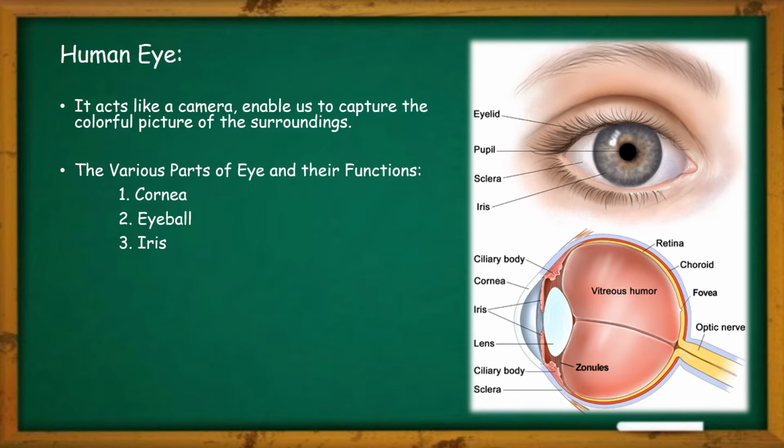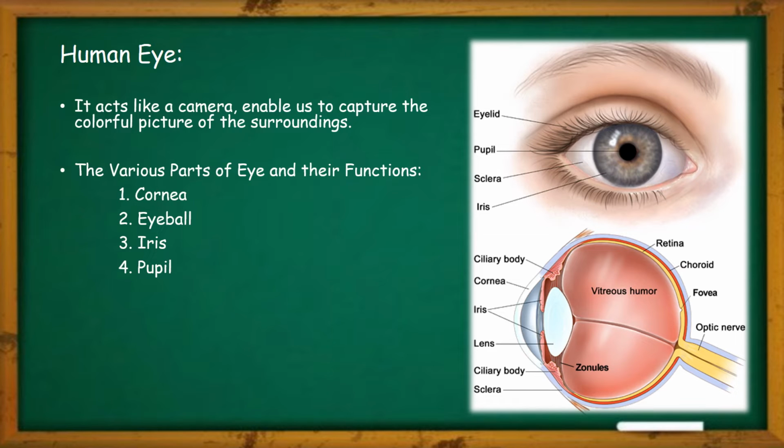Next, what is the iris? As you can see in the diagram, the iris is a dark colored muscular diaphragm that controls the size of the pupil, and it is present behind the cornea. It helps in accommodation of light by changing the size of the pupil. Now the question arises, what is the pupil then?